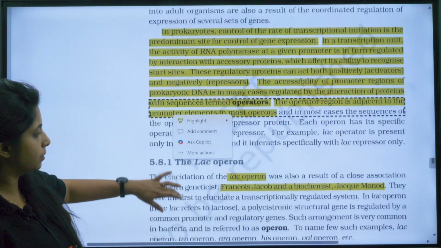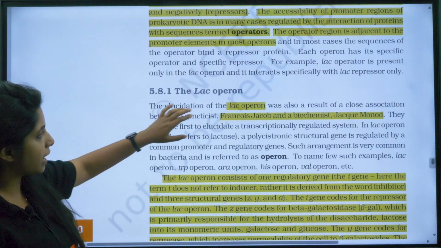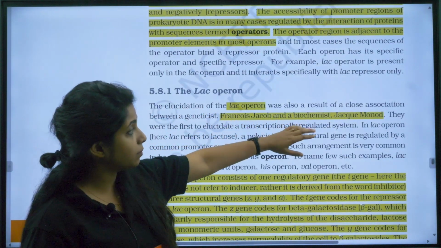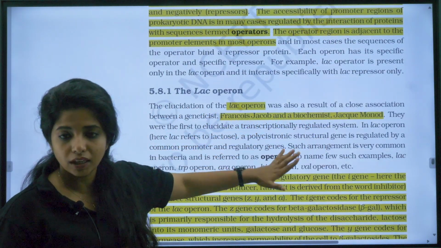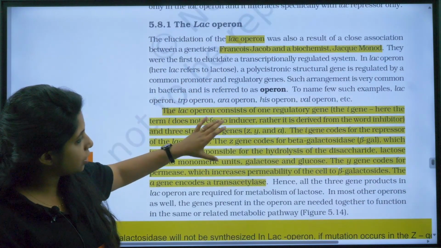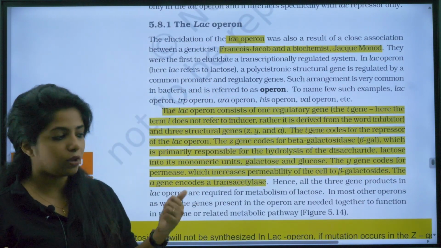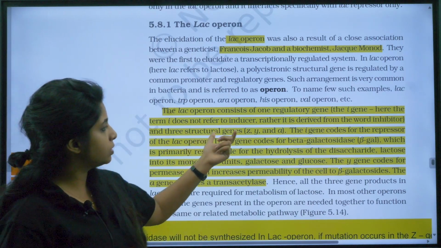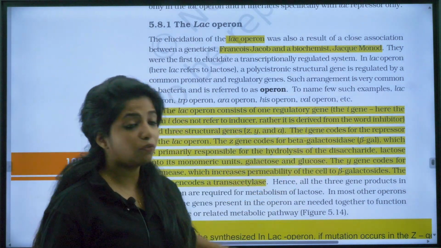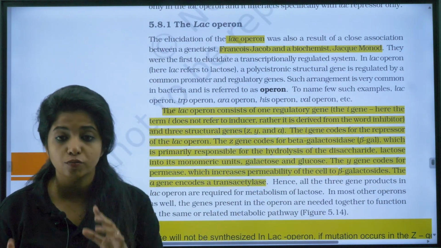Not translation, transcription. So it was the lac operon, which was given by Francois Jacob and biochemist Jacques Monod. Please remember the names, it is very much important. They have mentioned what all the genes do. In the structural gene of lac operon, you have Z, Y, A. What is Z coding for? Beta galactosidase. What will happen if beta galactosidase is not there? You should be knowing about it.